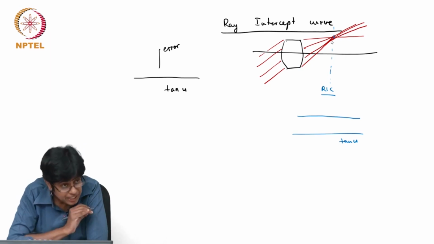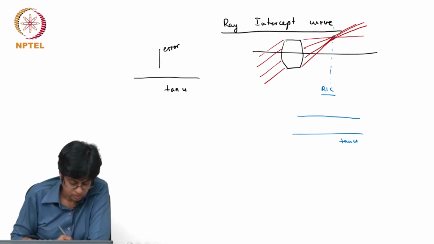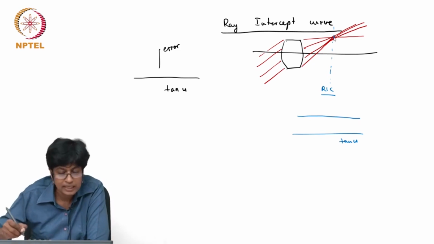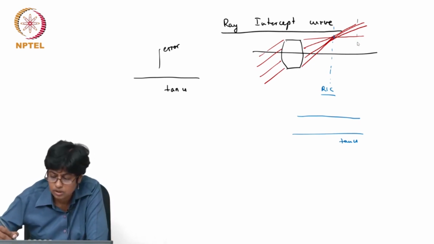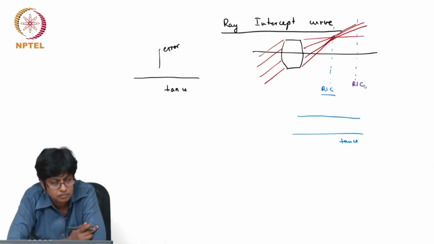Now I don't change anything in my optical system, but I move the plane that I am looking at. So instead of looking at the plane where all these rays are focused, I move my plane to this position. What will change now?